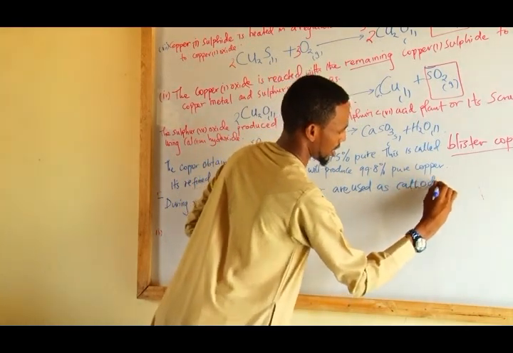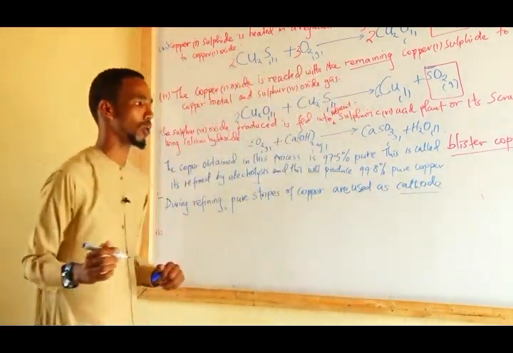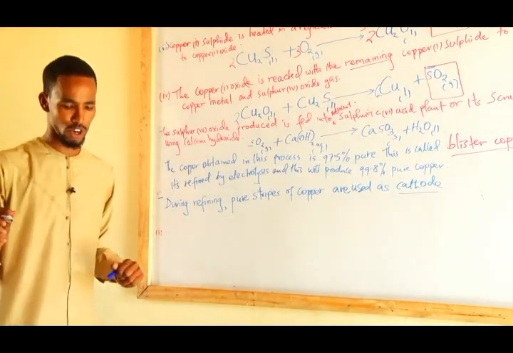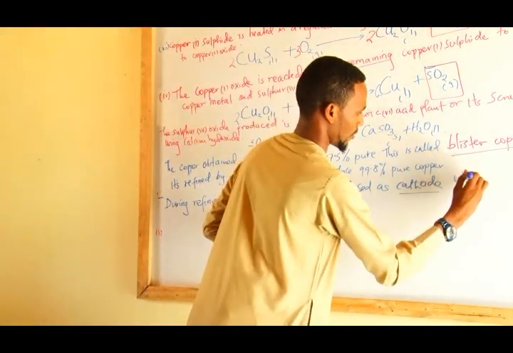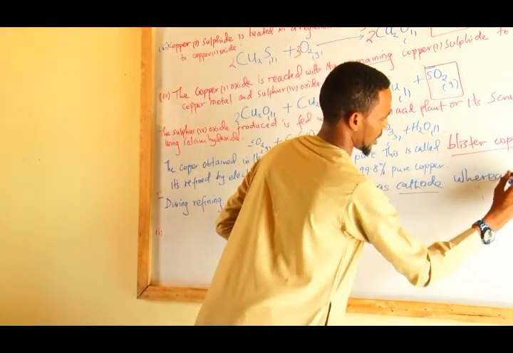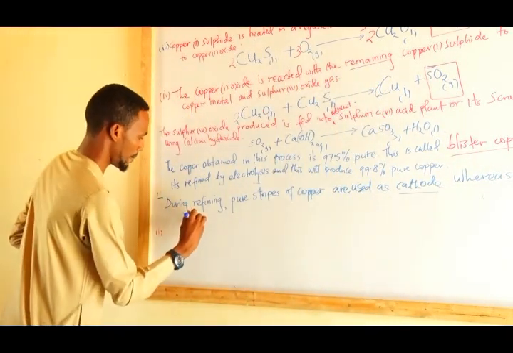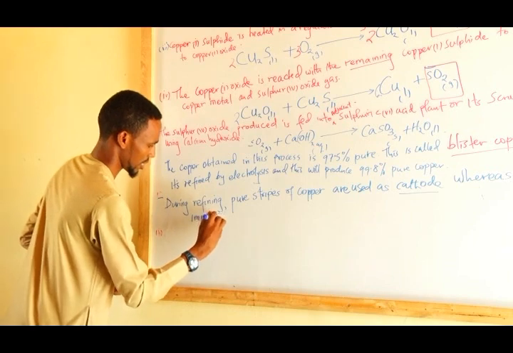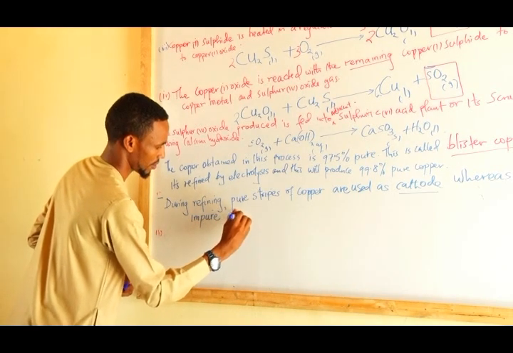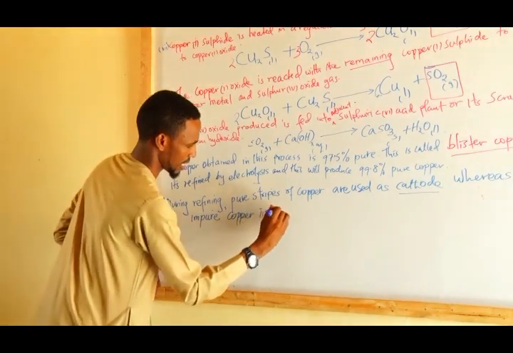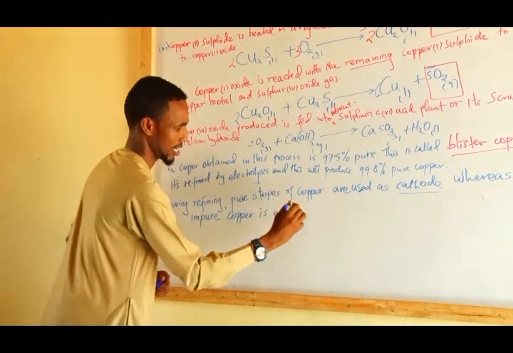In our cathode, we shall use pure strips of copper, whereas impure copper is made the anode.